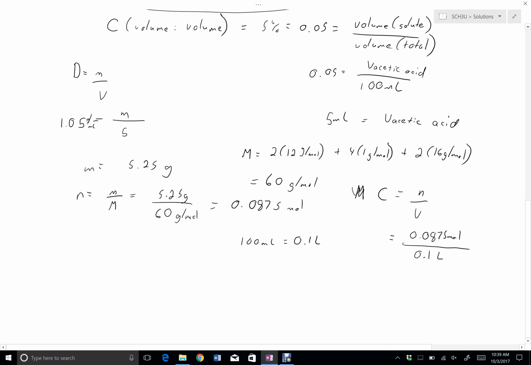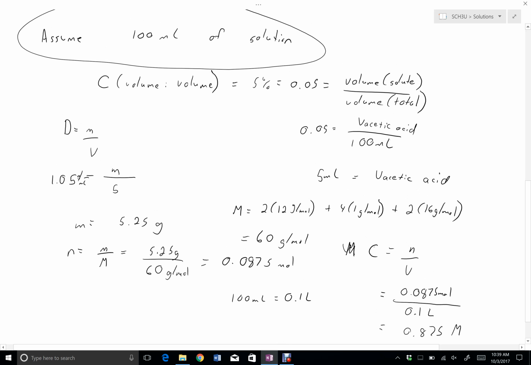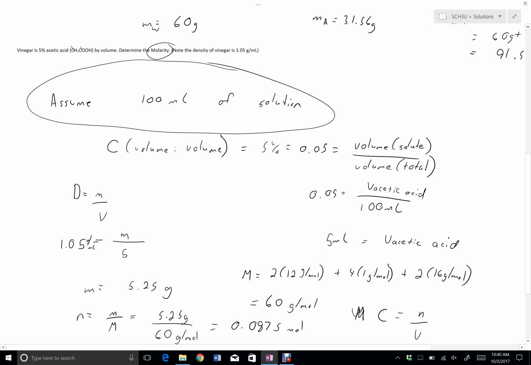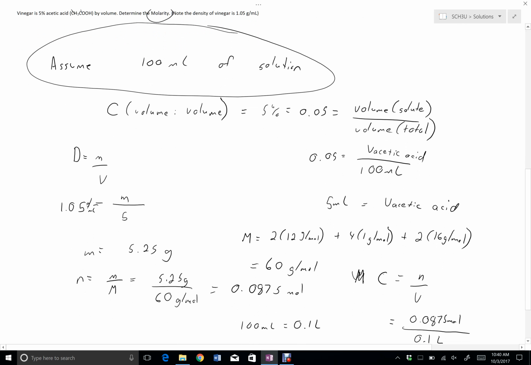I assumed 100 milliliters, so that's my assumption there. So I have 0.875 molarity, or remember that capital M as a unit stands for moles per liter. So that's how I get the molarity of something that is originally given to you as a volume concentration.